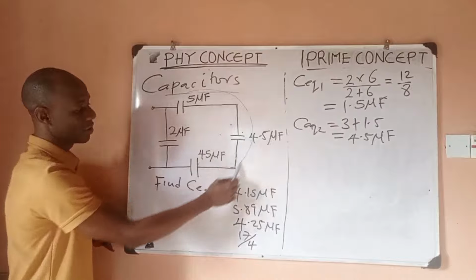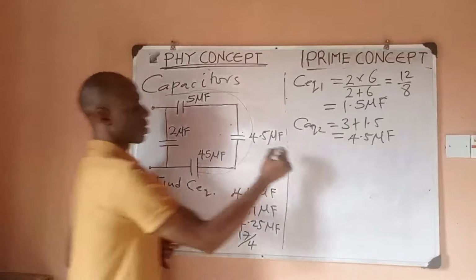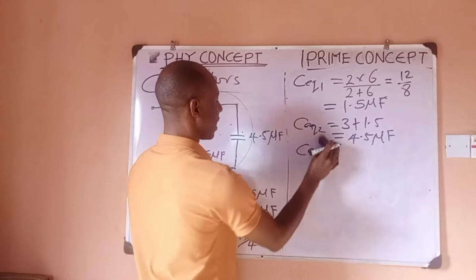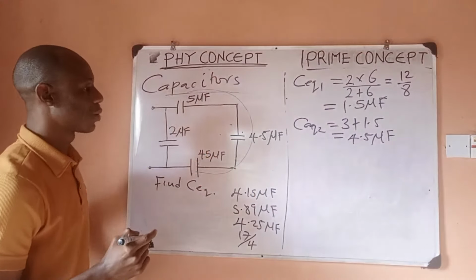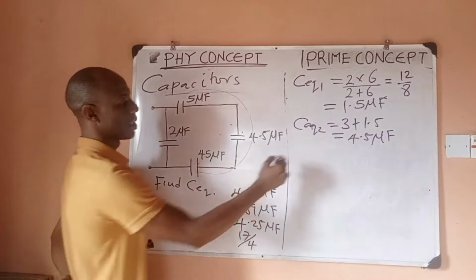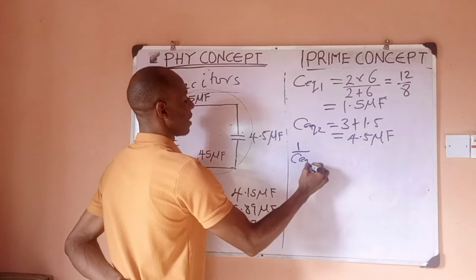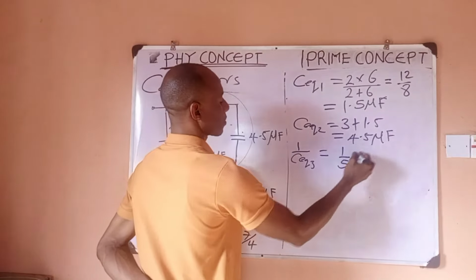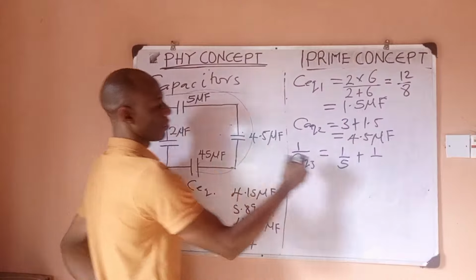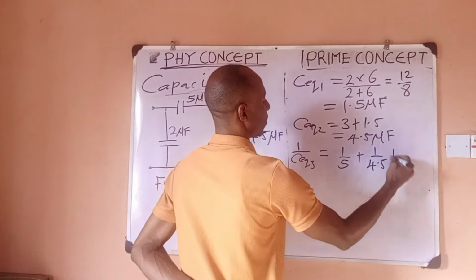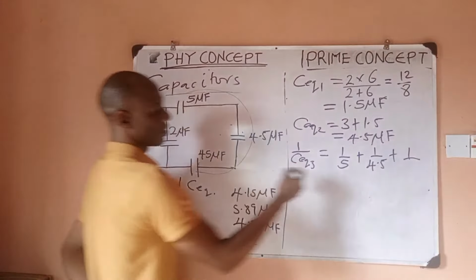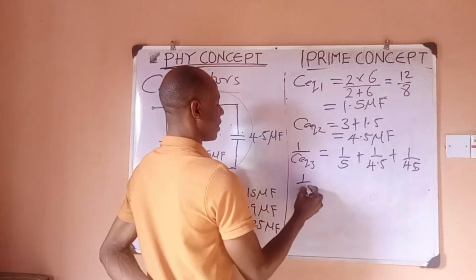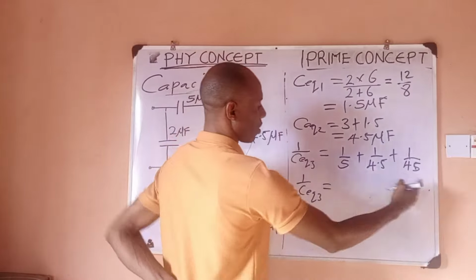So I can resolve this as 1. I'll call it C equivalent 3. Now, since they are in series, how do you get the equivalent? You do inverse for series. So I'll say 1 over C equivalent 3 equals 1 over the first one, which is 5, plus 1 over the next, which is 4.5, plus 1 over the other one, which is 45. So what is my LCM going to be?